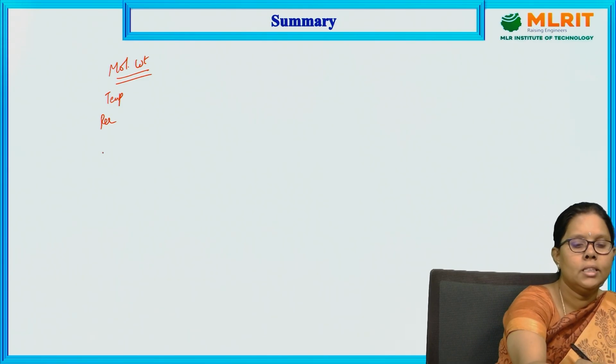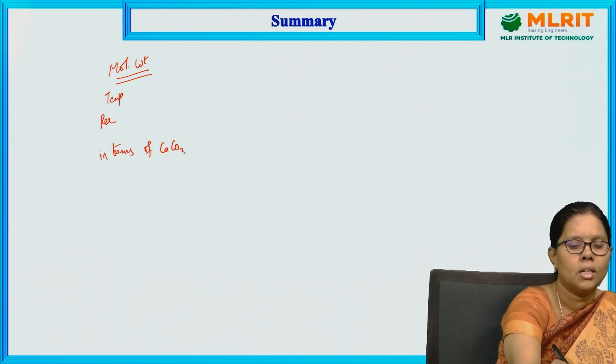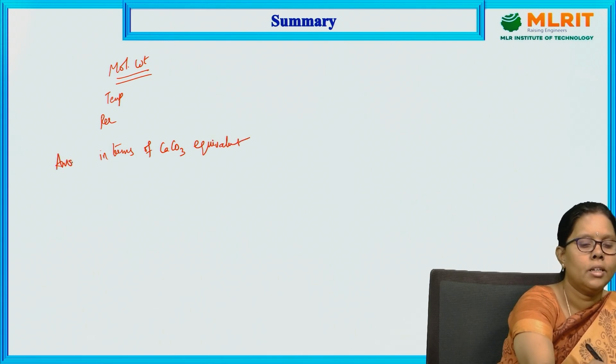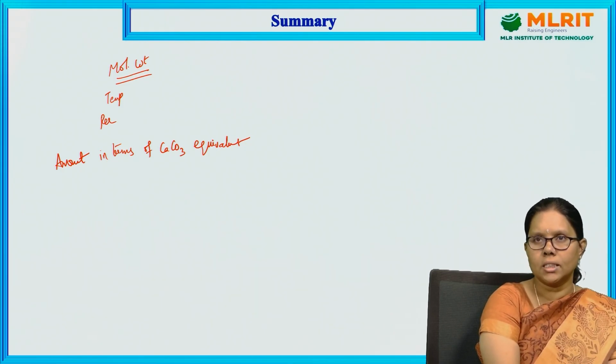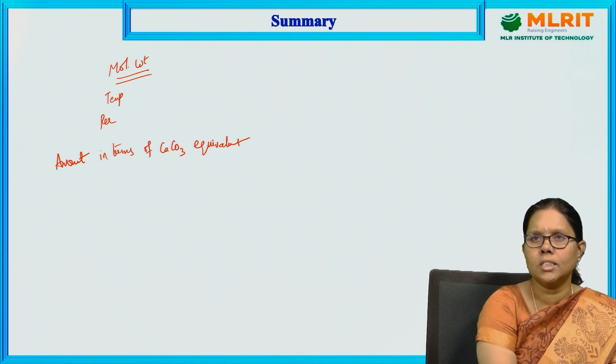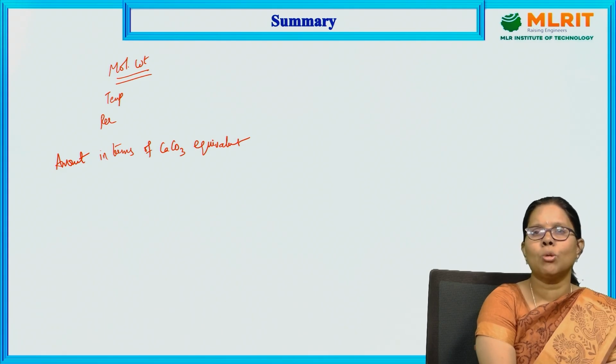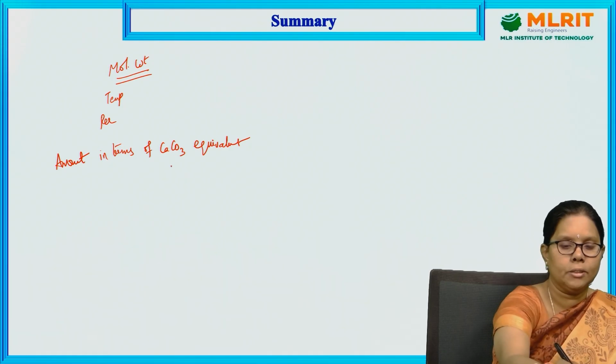So the amount in terms of CaCO3 equivalent is nothing but weight of the hardness causing salt by molecular weight of the hardness causing salt into CaCO3 equivalent molecular weight. Why we have taken the CaCO3 molecular weight is because CaCO3 molecular weight is 100. It is easy for the calculation. That's why everything is converted in terms of CaCO3, which is an insoluble salt, easily gets precipitated.